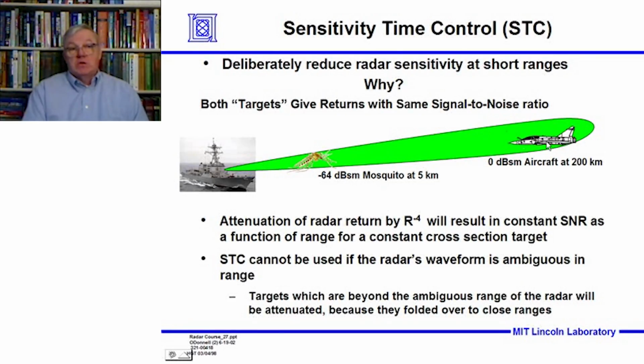In other words, you can't attenuate targets at very far ranges if you don't know their absolute range. You only know it ambiguously. So targets which are beyond the ambiguous range of the radar will be very strongly attenuated because they're going to be folded over or aliased down to close ranges.